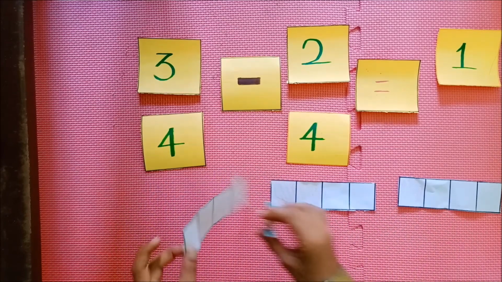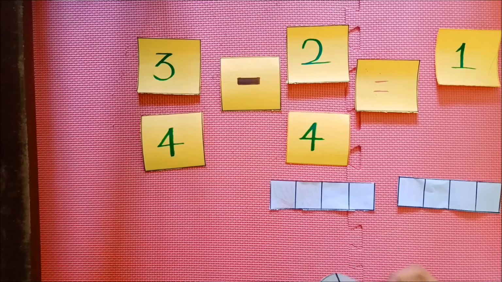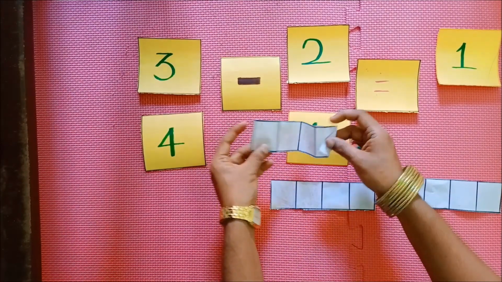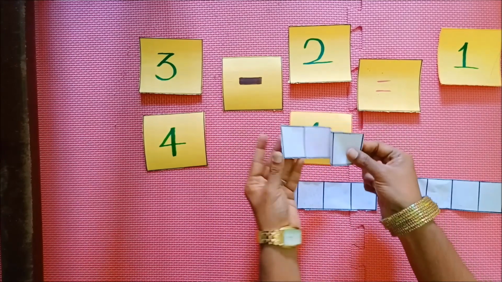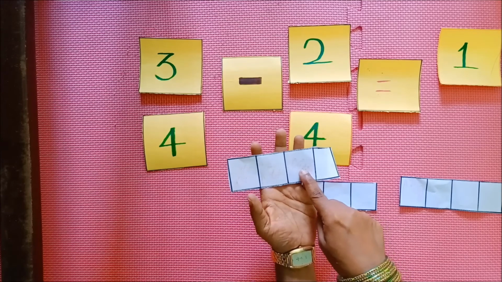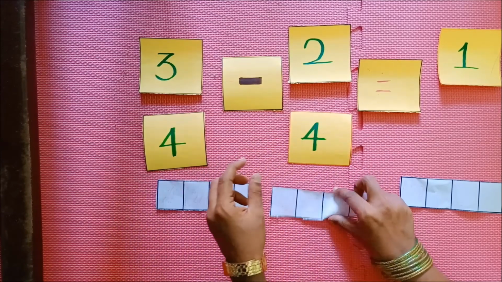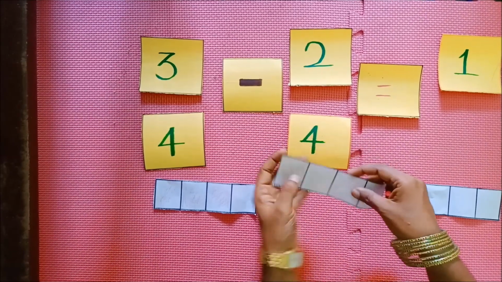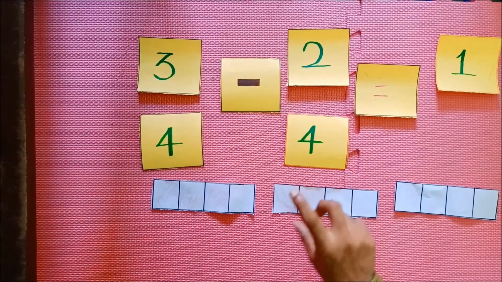Listen carefully. Take one paper. The division is 4, so you fold it into 4. After folding into 4, shade 3 portions for the numerator in the question. And for the second one, you fold into 4 and shade 2 portions. The question is to subtract.